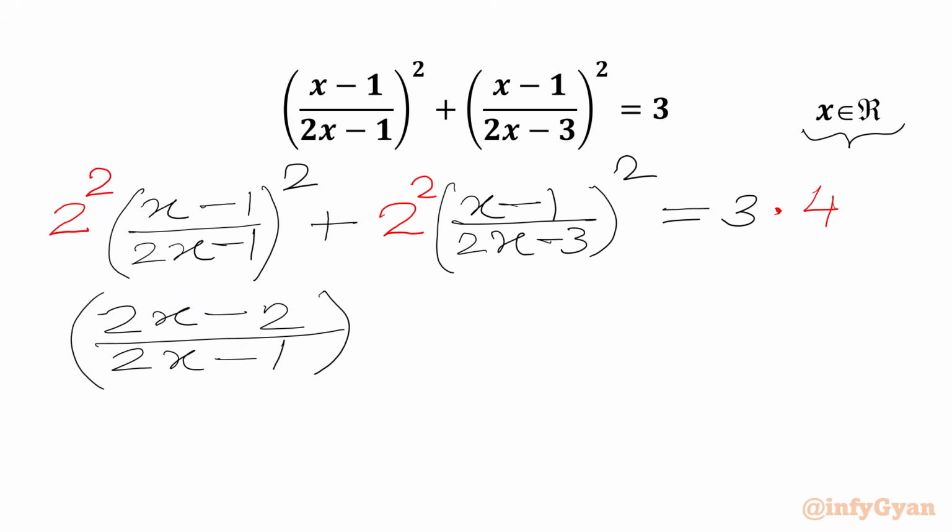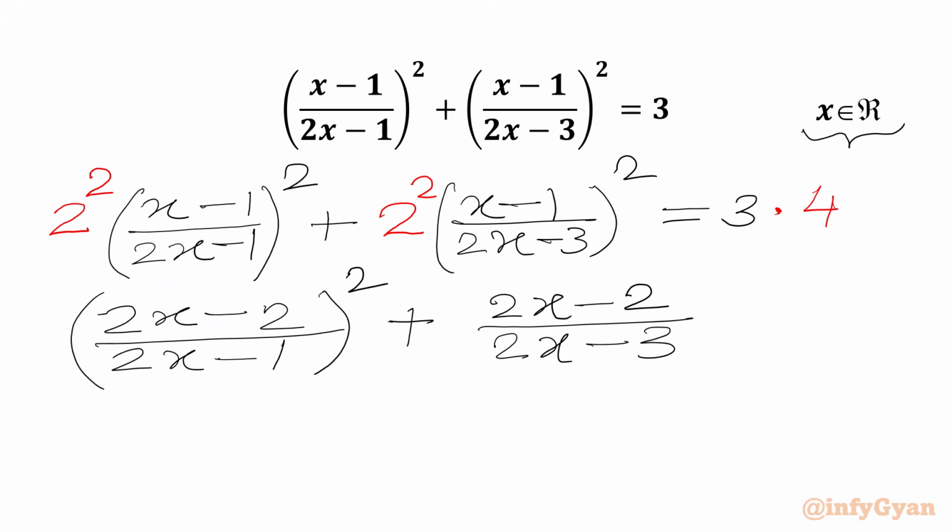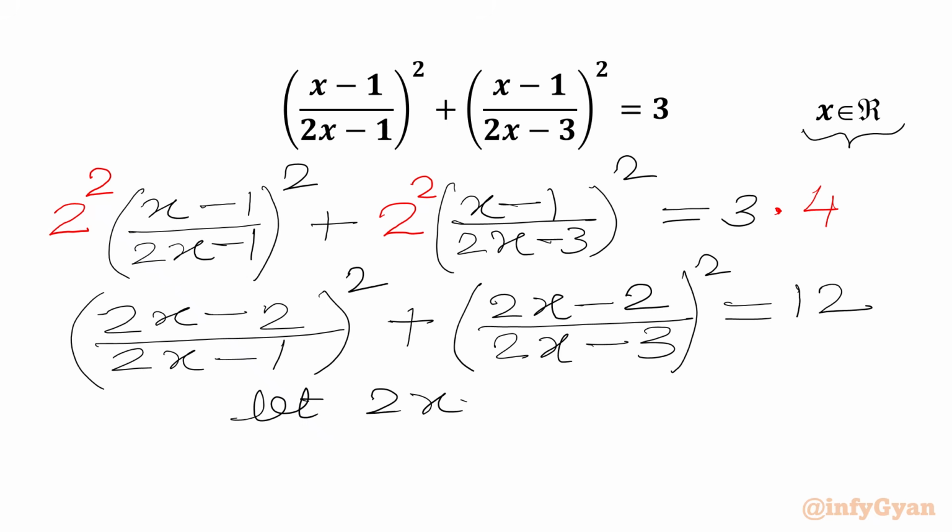Then we will keep our part 2 plus 2 times x minus 2 times 1, so 2x minus 2 over 2x minus 3 whole square equal to 3 times 4 is 12. Now we will consider our substitution. Let's say 2x minus 2 is equal to m.